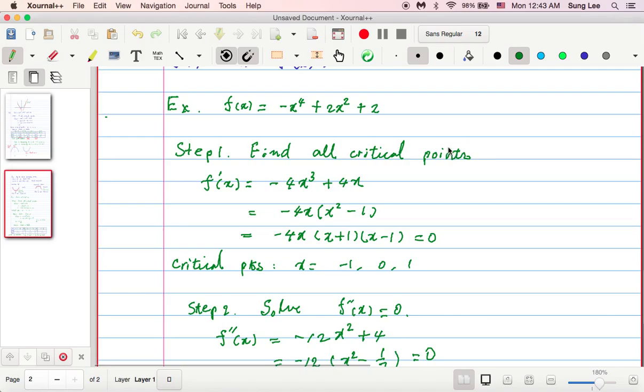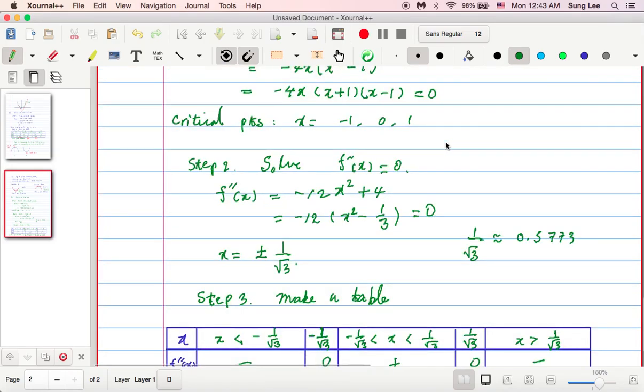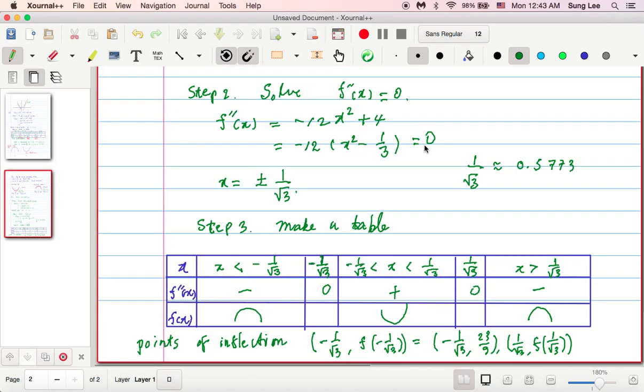It's going to give us the same value. So actually, the y value is going to be the same. So in this case, 1 over square root of 3 and 23 over 9, the same value, right? Okay, good.